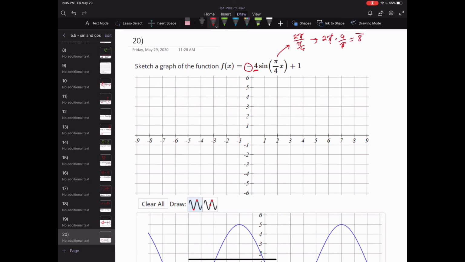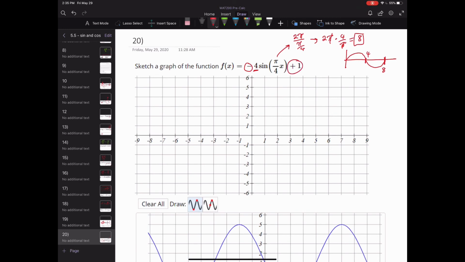Alright, so you have a whole curve, and it's a sine curve, so it looks like a whole curve happens at 8, midpoint is at 4, and thankfully there's no shifting left or right, so that's going to help us a lot.